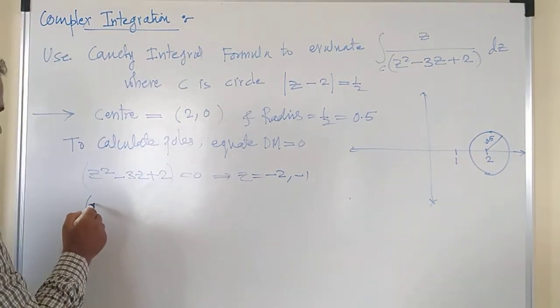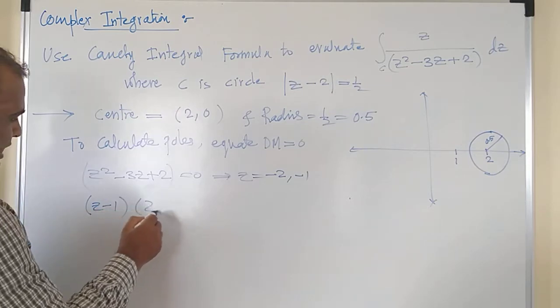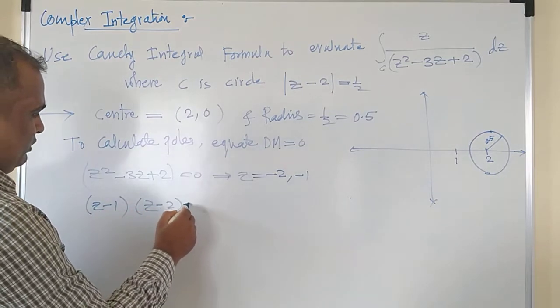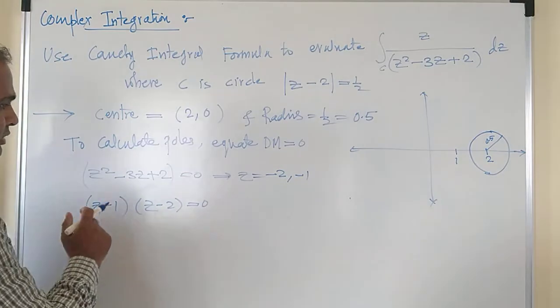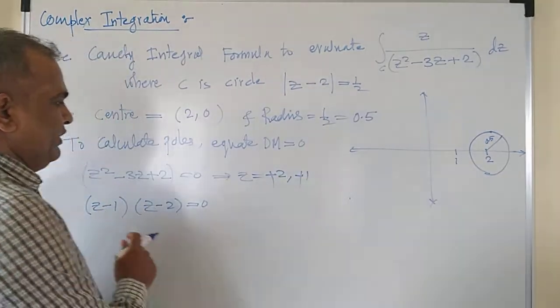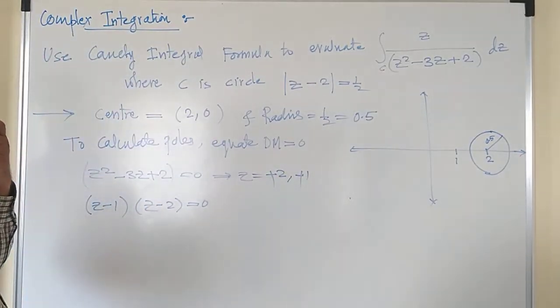I can write the factors as (z minus 1)(z minus 2) equals 0, and this will give me z equals plus 1 and plus 2. Got it?